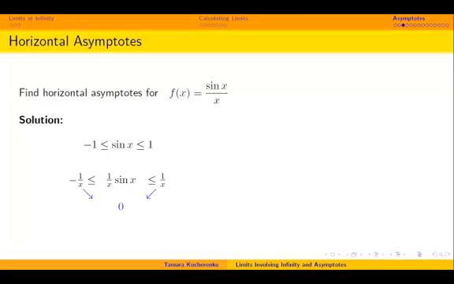Therefore, the lower and the upper bound of the function 1 over x sine x approach 0 at infinity. The squeeze theorem guarantees that in this case the middle function must also approach 0.